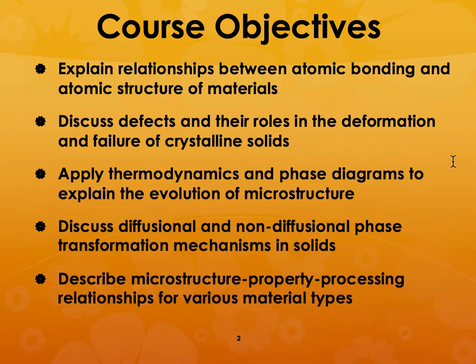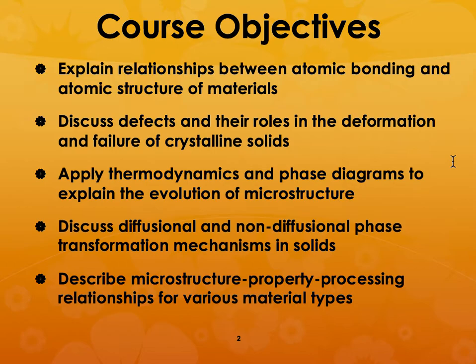Then we will talk about the thermodynamic principles and their effect on phase diagrams to explain the evolution of microstructure and how that changes the properties of your materials and therefore the components.